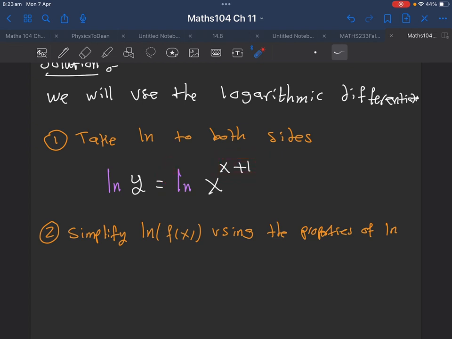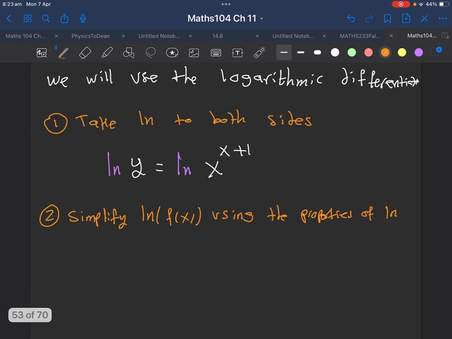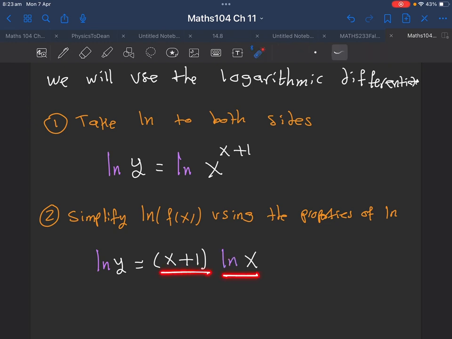That's the simplification I'm telling you to do here. Remember, the left-hand side, I have not changed it yet. Now, x plus 1 will go down, and then you have only ln x. Now, this is a simplified function. Why? This is just usual ln. This is x plus 1.